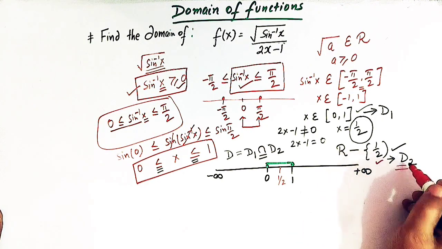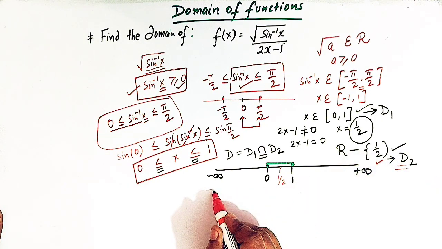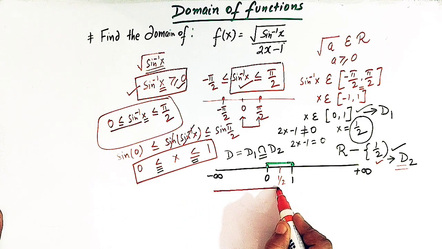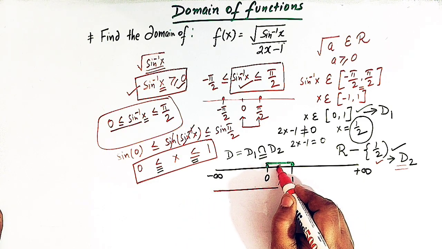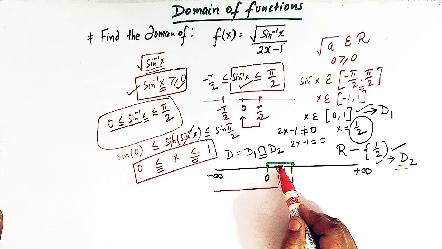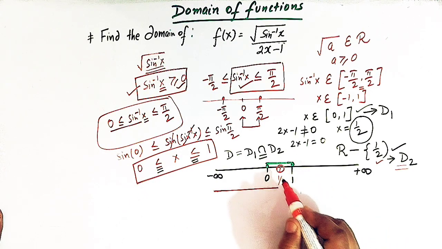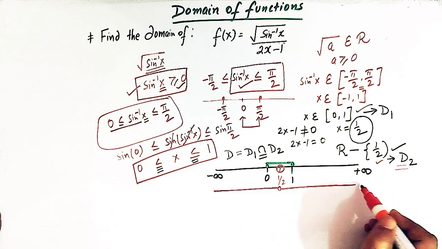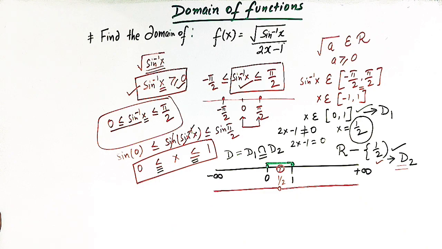So this domain d2 goes from minus infinity to half, and remember this half is not included, so we'll make a circle over here and we'll exclude half, and then we go from half to the entire positive real number line, right?